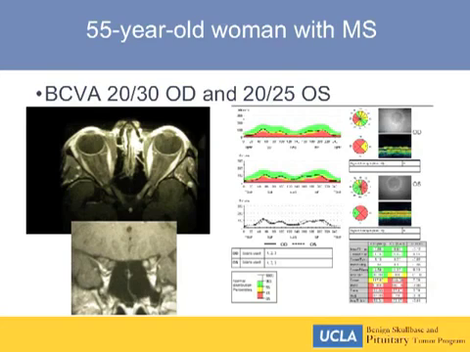Bear in mind that the retina varies in thickness from about 190 microns to 500 microns, and the retinal nerve fiber layer is the most superficial, innermost layer of the retina, which will vary from 50 to 200 microns. And in essence, the retinal nerve fiber layer is those 1.3 million axons of the optic nerve.